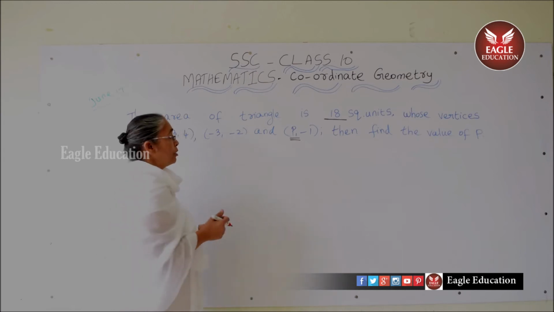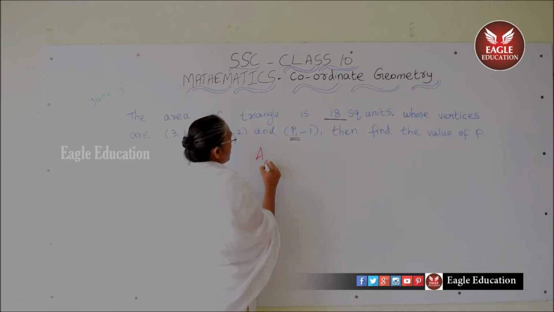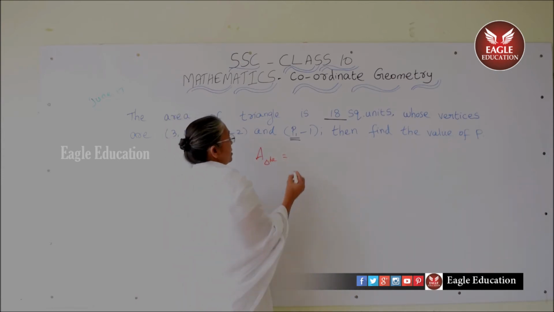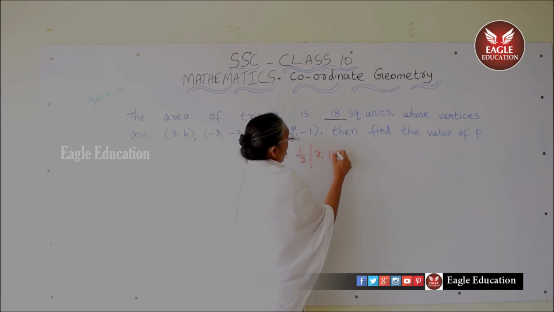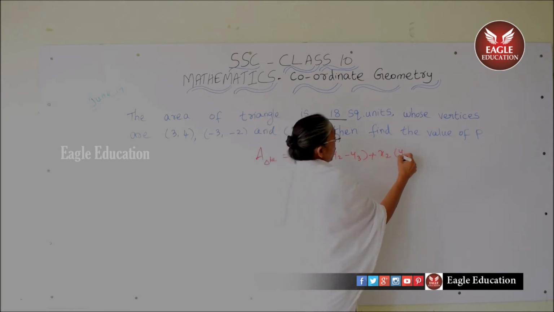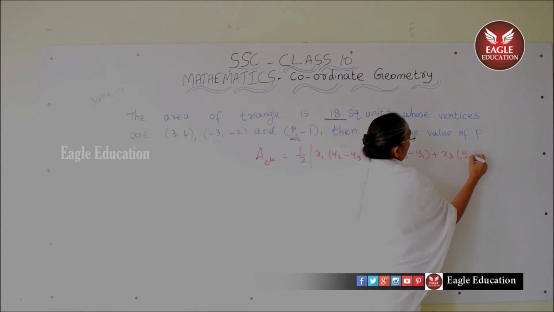So, recollect the formula: area of a triangle whose vertices are (x1, y1), (x2, y2) and (x3, y3) is nothing but half mod of x1(y2 minus y3) plus x2(y3 minus y1) plus x3(y1 minus y2). So, just it is cyclic.